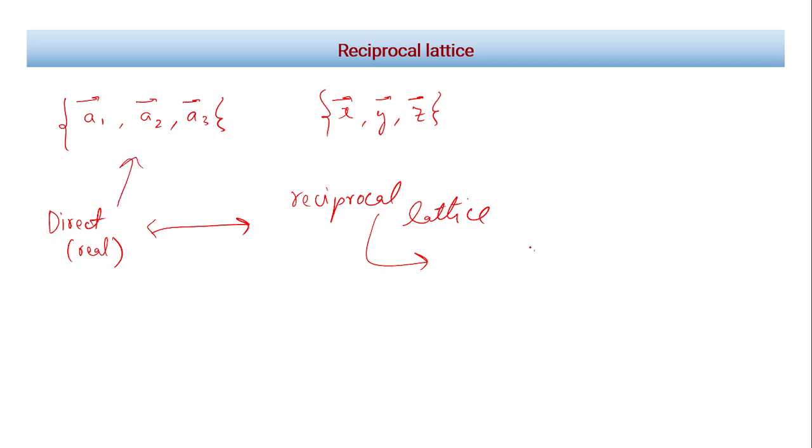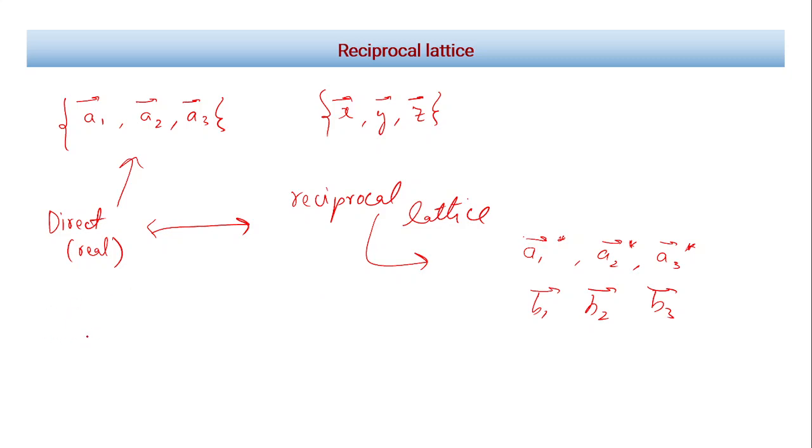Here we define them as A1 star, A2 star, A3 star. Usually we use this denotation. Otherwise, B1, B2, B3, anything is okay. And then, as I said, they are related. We defined them from this. Then, how are they related? What is the relation?